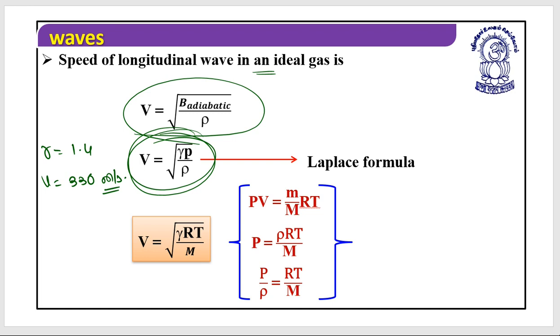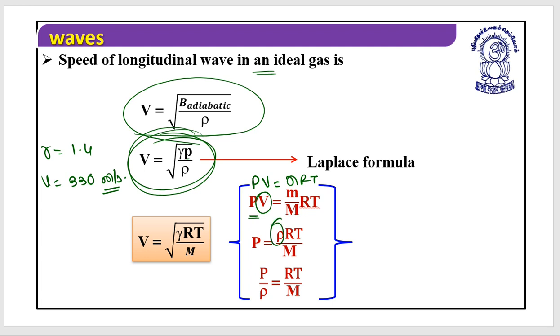Now from this, we have γ into P by rho. We have the relation PV equals nRT, and n can be given as m by M, so PV equals (m/M)RT. If I divide by the volume, m divided by volume is mass by volume, which is the density.